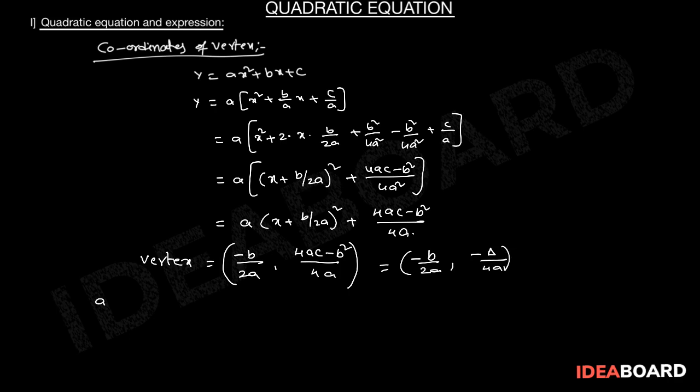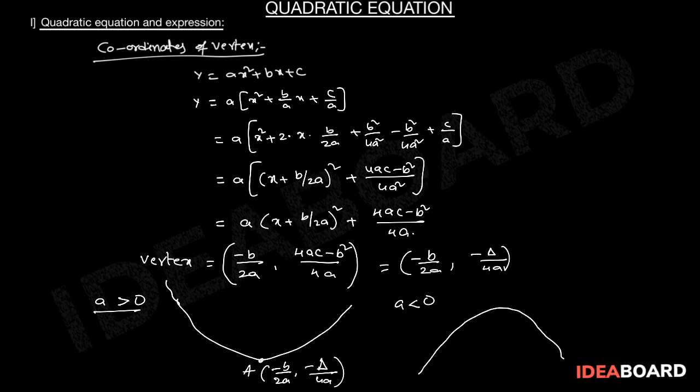If a is greater than 0, that is an upwards parabola, the vertex is (minus b by 2a, minus delta by 4a). If a is less than 0, this is a downwards parabola. The vertex is (minus b by 2a, minus delta by 4a).